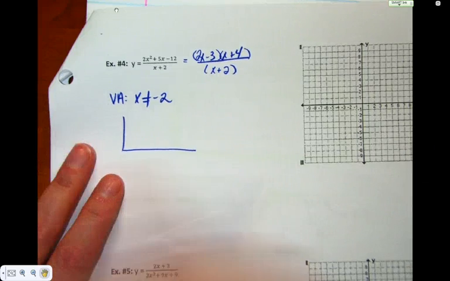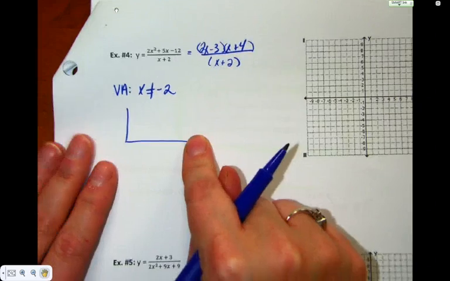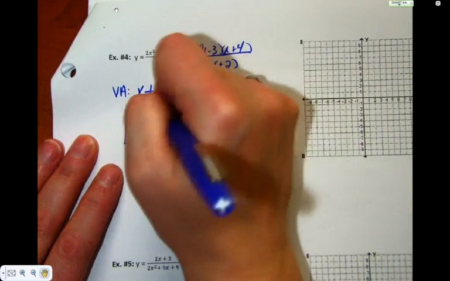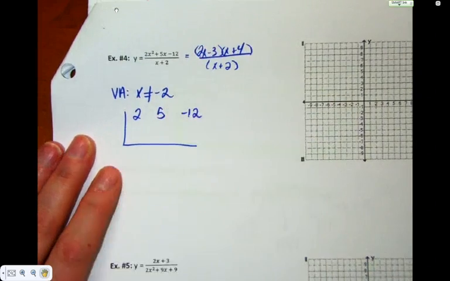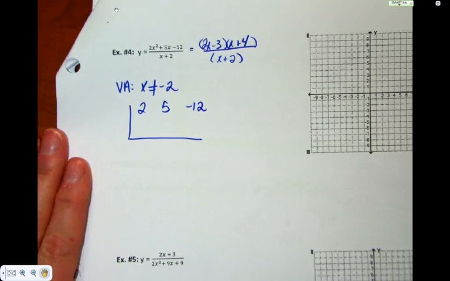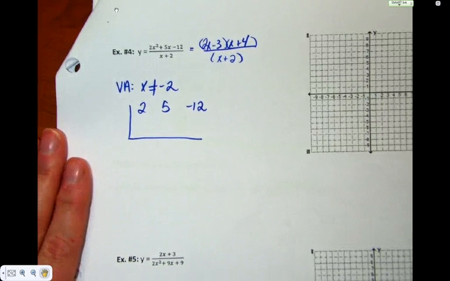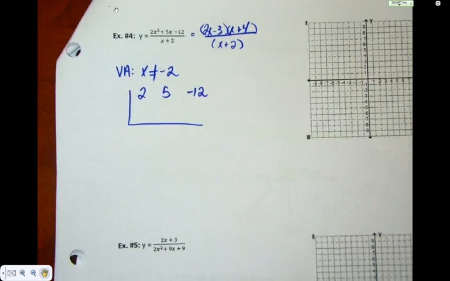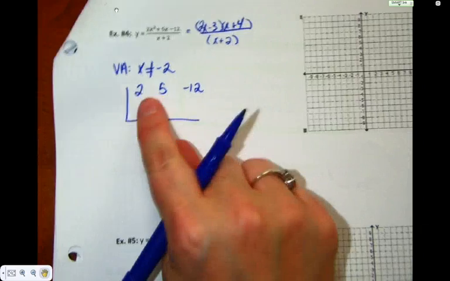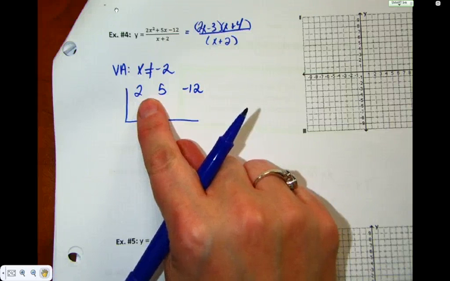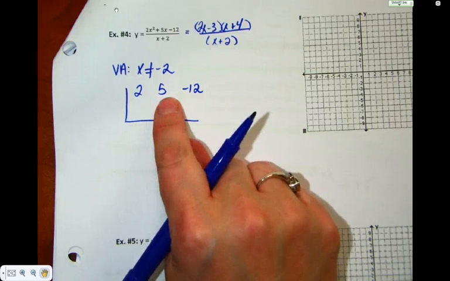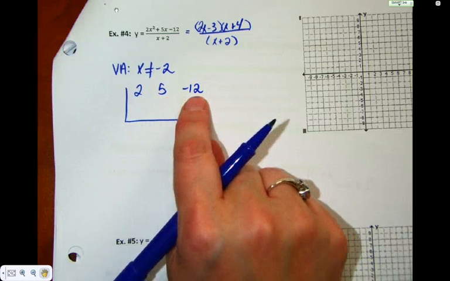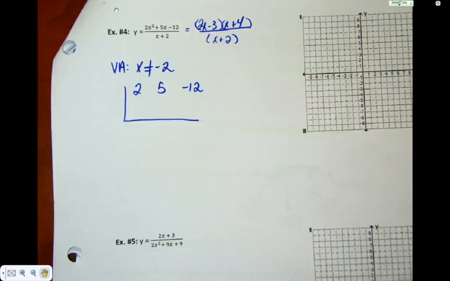Where do I get the numbers to go inside the division symbol? Where do those come from? I see them. Call them by name. What are they called? Coefficient of? Coefficient of? And? The constant.